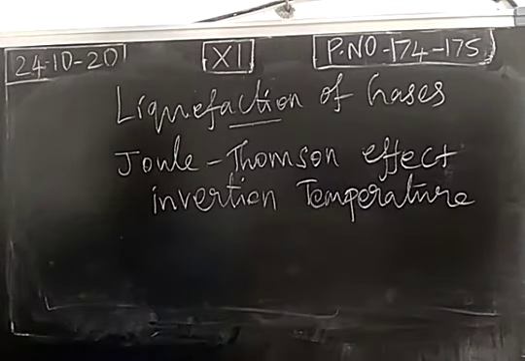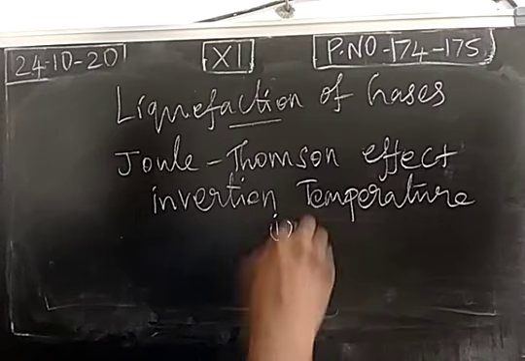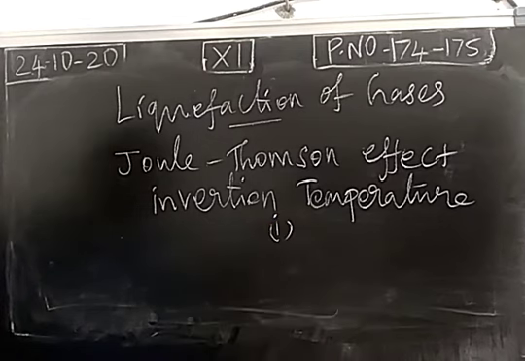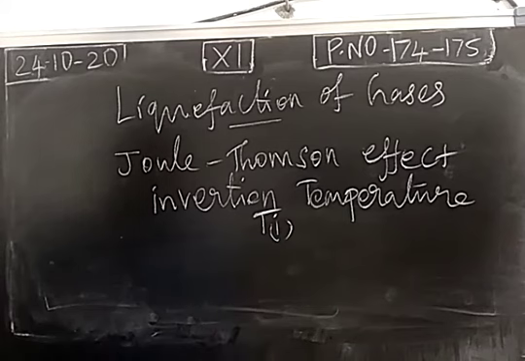So the symbol for inversion temperature is Ti. Okay. So inversion temperature means below a particular temperature, the Joule-Thomson effect will be possible. You have a gaseous molecule and you should convert it into liquid, so temperature should be reduced.